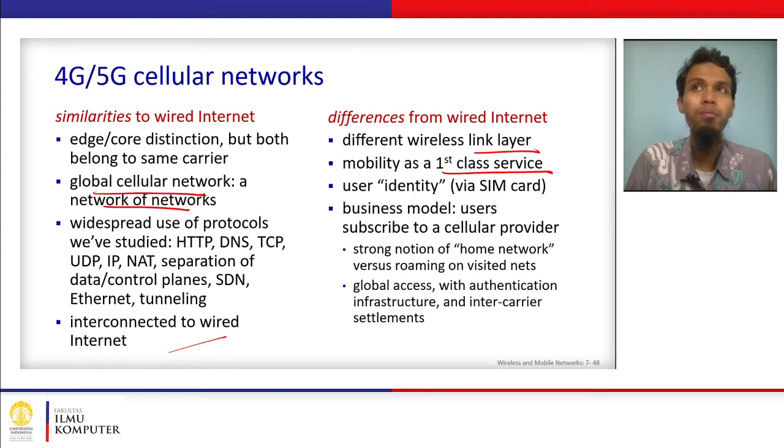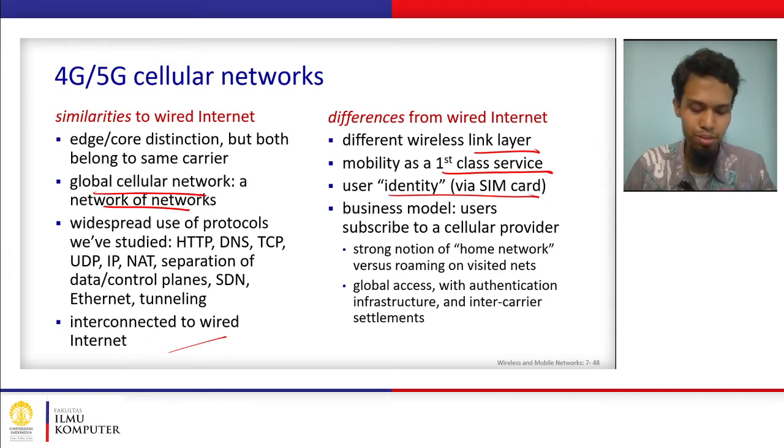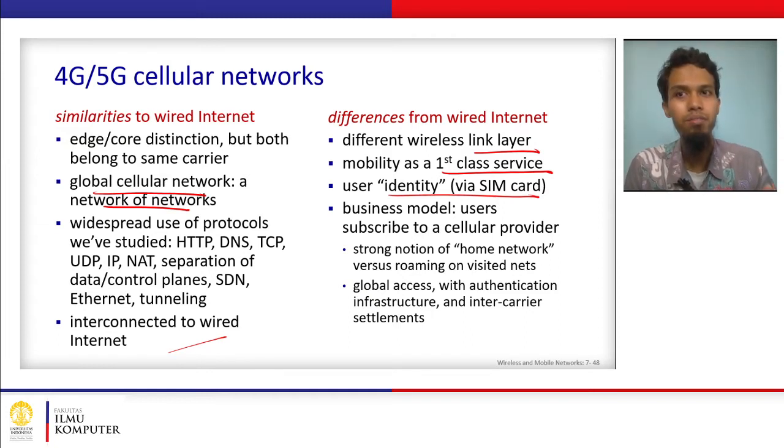And we introduce user identity via the SIM card. In wired networks, we don't have a device identity; anyone can use any device. There is no real user identity. But in cellular networks, the identity is really attached to the device.